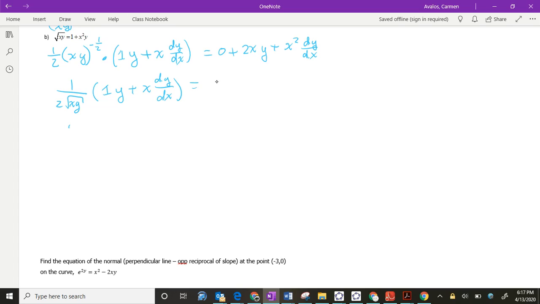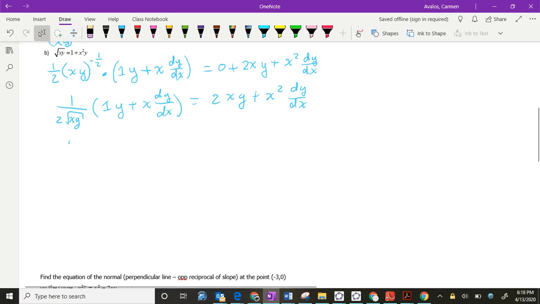We don't need the 0 there, so we have the 2xy plus x squared dy/dx. Notice how this dy/dx is inside these parentheses, so I have to get it out of the parentheses. The only way I'm going to do it is if I distribute this to all of that.